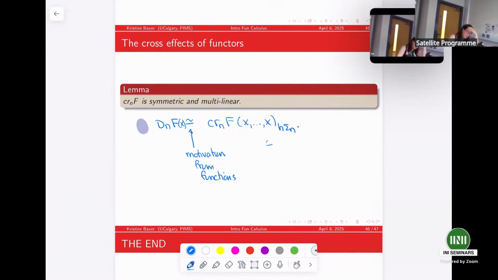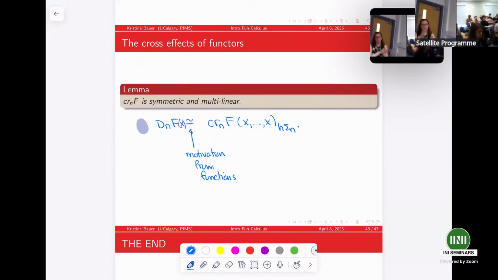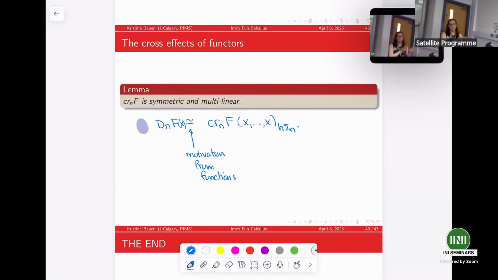I don't want to get into it because I'm going to screw things up. But if I work a little bit harder, I can get this into the form where it looks like a derivative times x to the n, mod the homotopy orbits. Okay, so this is the core part of that argument.